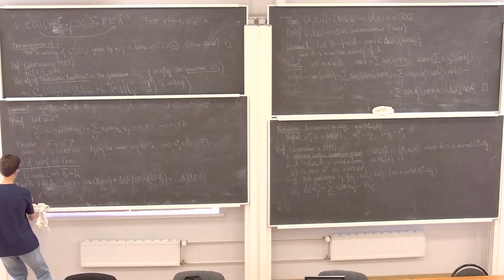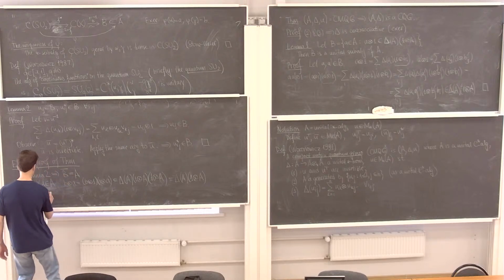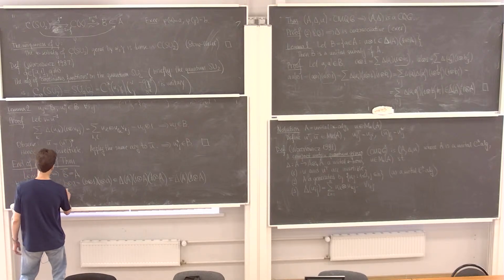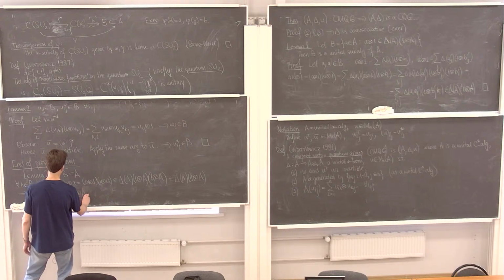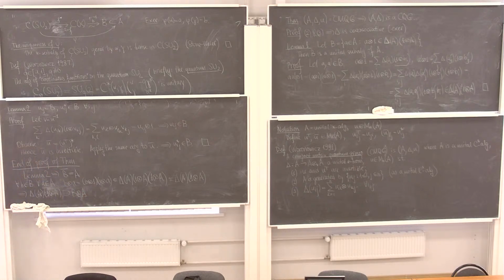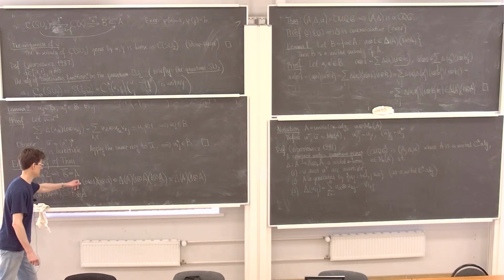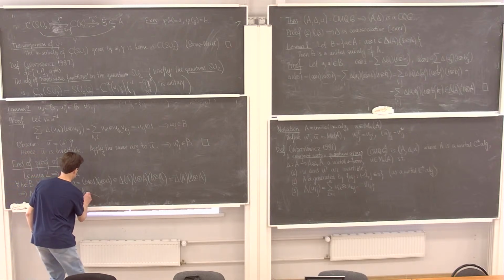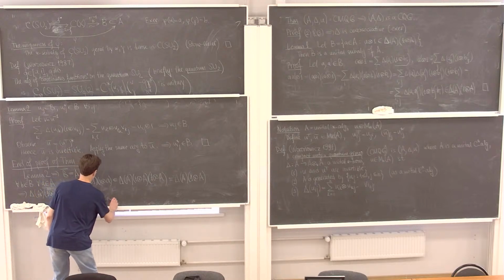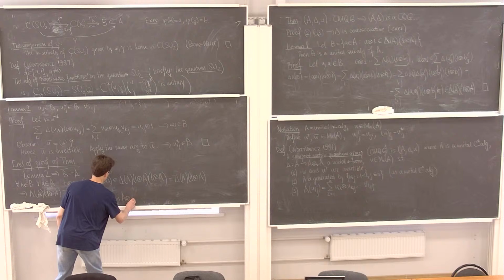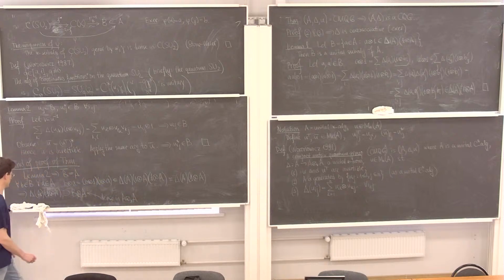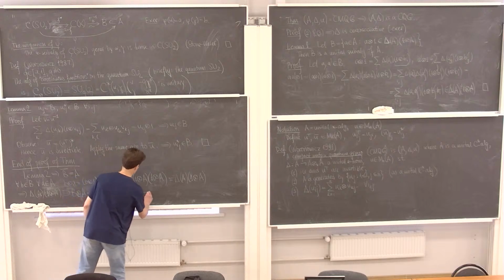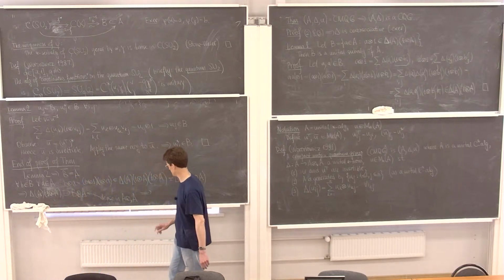So we see that delta of A, 1 tensor A contains B tensor A, the algebraic tensor product of B and A. But B is dense in A. And so this algebraic tensor product is dense in the C-star tensor product of A by itself. This is even bigger, so this is also dense.